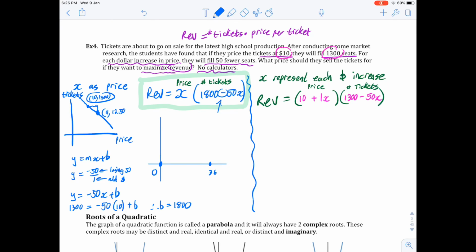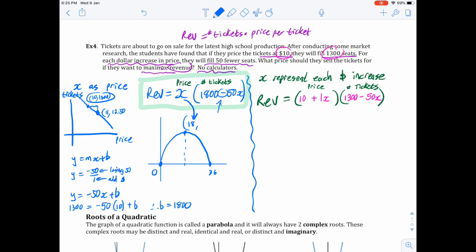And as before, our lead coefficient, the x squared, is negative, so the function is going to open down, and the midpoint, or the maximum, is going to occur where x is equal to 18. So in this particular case, that is the x value that produces the maximum. That is the price that we need to charge.